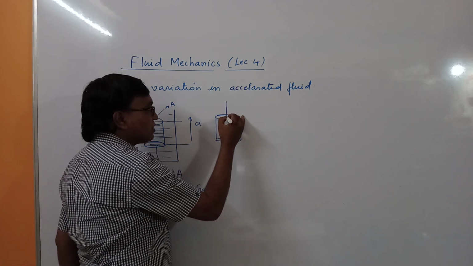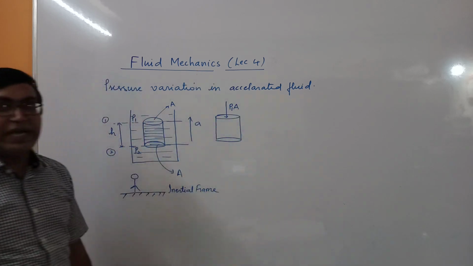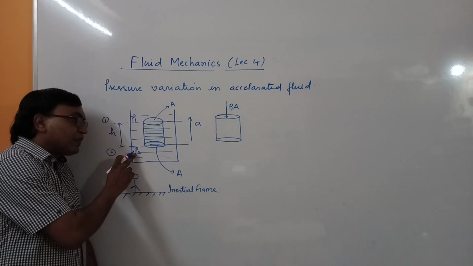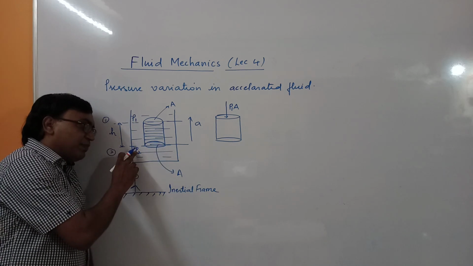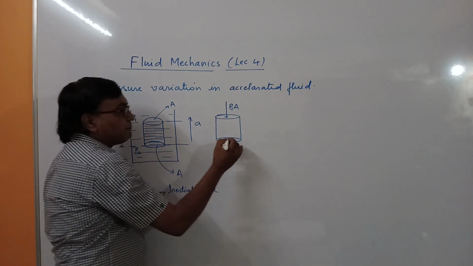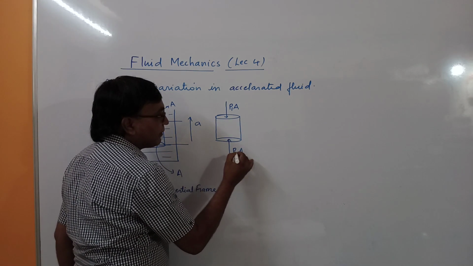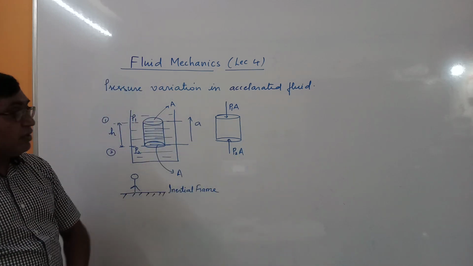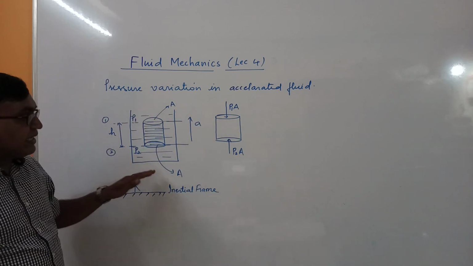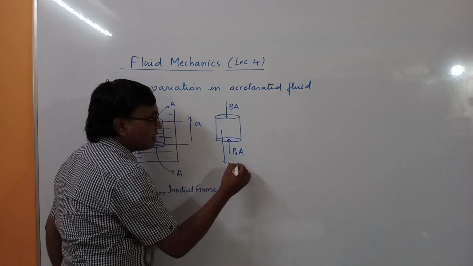So the force due to the pressure at this point is P1A in the downward direction. Similarly, at this level the pressure P2 will apply a force on this fluid in the upward direction, so this force is P2A. And the weight of the fluid is acting downwards.